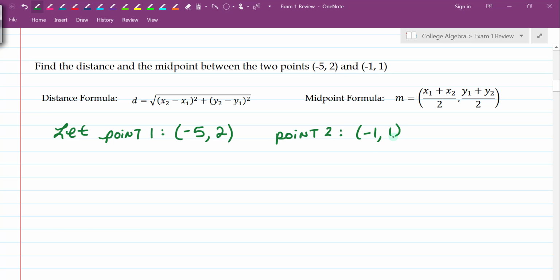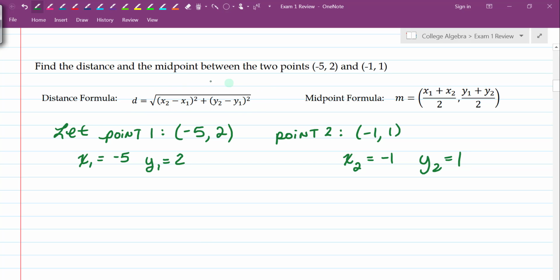You don't have to write it down, but I'm doing that because I'm teaching on a video. As long as you know which one you're doing, it doesn't matter. So if point 1 is (-5, 2), that means that x1 is equal to -5, and y1 is equal to +2. And over here it means that x2 is equal to -1, and y2 is equal to +1. Now we know how to substitute in for our first formula.